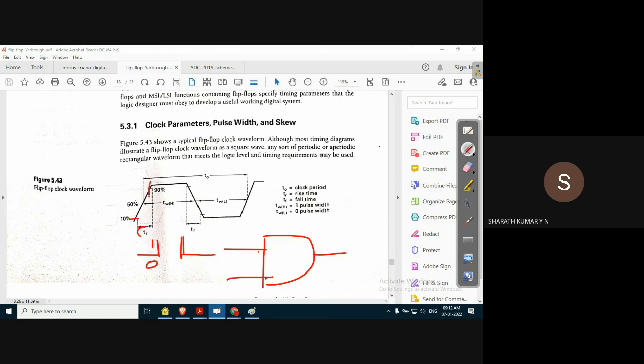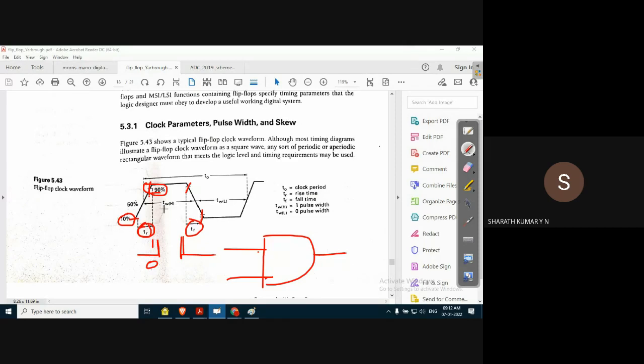Rise time means the time taken by the clock pulse to go from 10% of its maximum value to 90% of its maximum value. The fall time is when it goes from 90% of its maximum value to 10%.